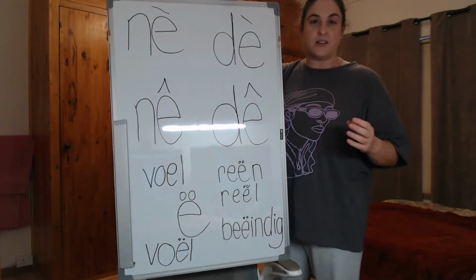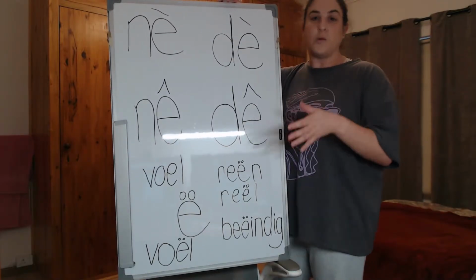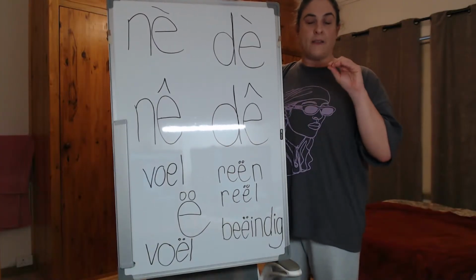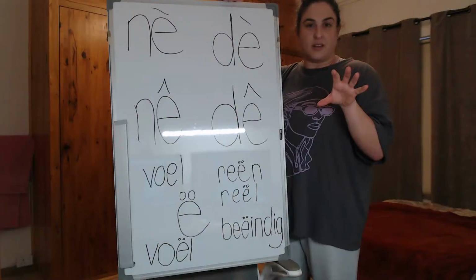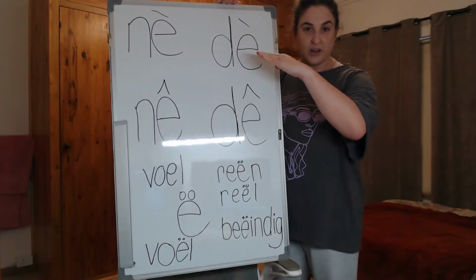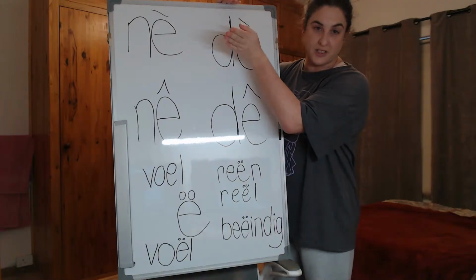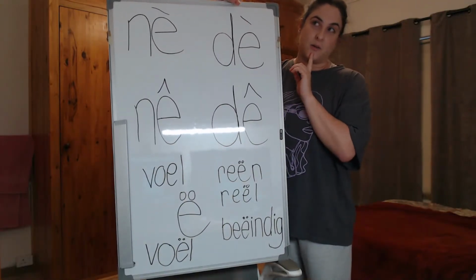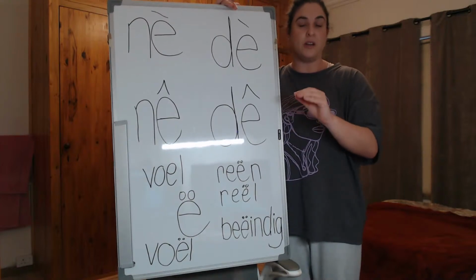So if you have a sentence like die hond stap in die pad, that's just a normal one. But if you want to really accent the die, you'll say die hond stap in die pad, then you'll have the forward one. These ones, they lie backwards. Right, so how do you use it? Ne is very common in Afrikaans.